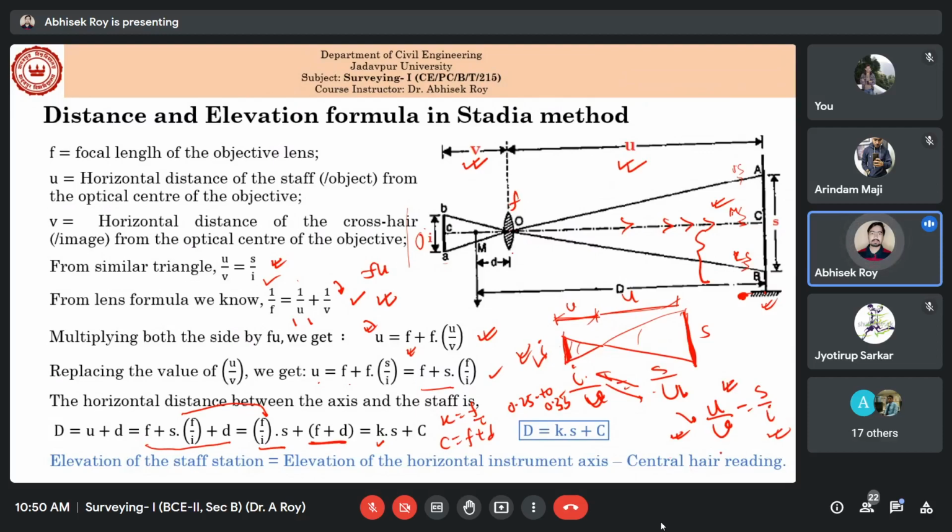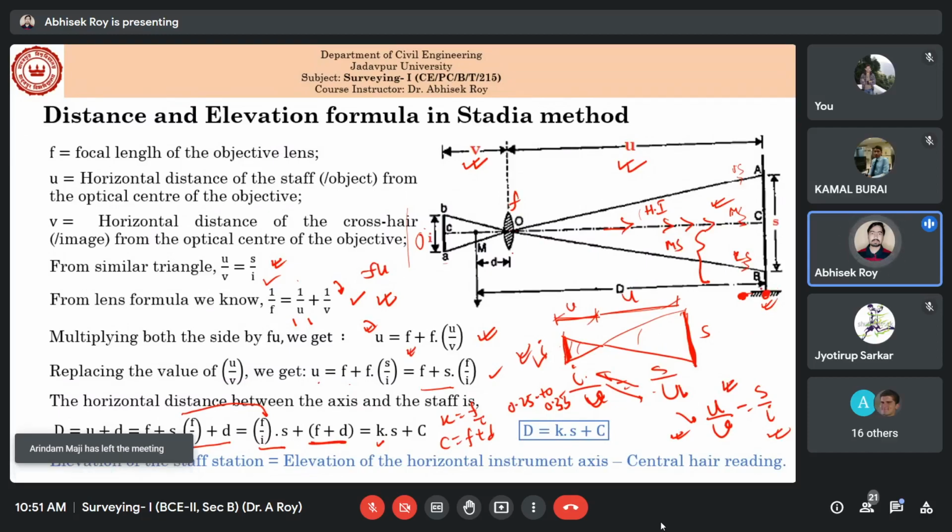If you deduct that central hair reading from the elevation of the horizontal instrumental axis, which is also called height of the instrument or elevation of the line of collimation, you can easily calculate the RL of this point. So that's how we will calculate the distance and elevation by only tachymeter. We are not doing chaining. Okay? The process is clear?